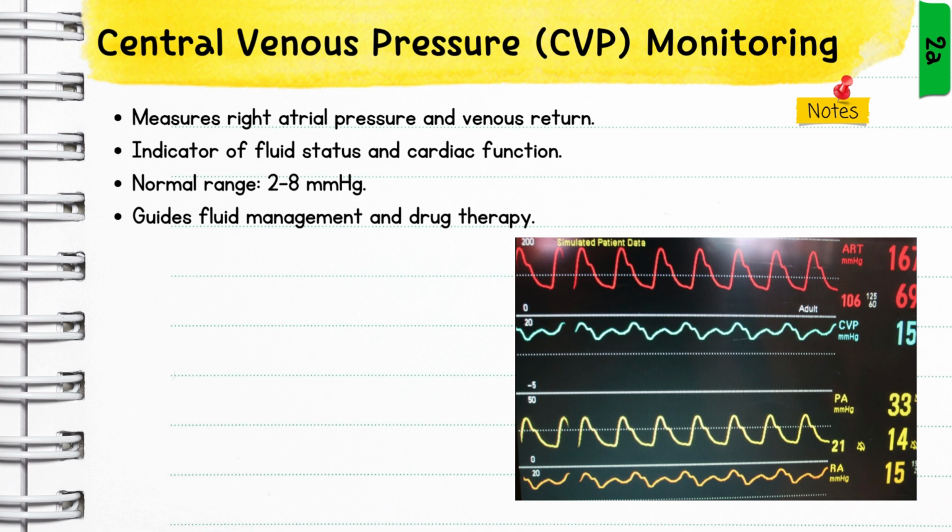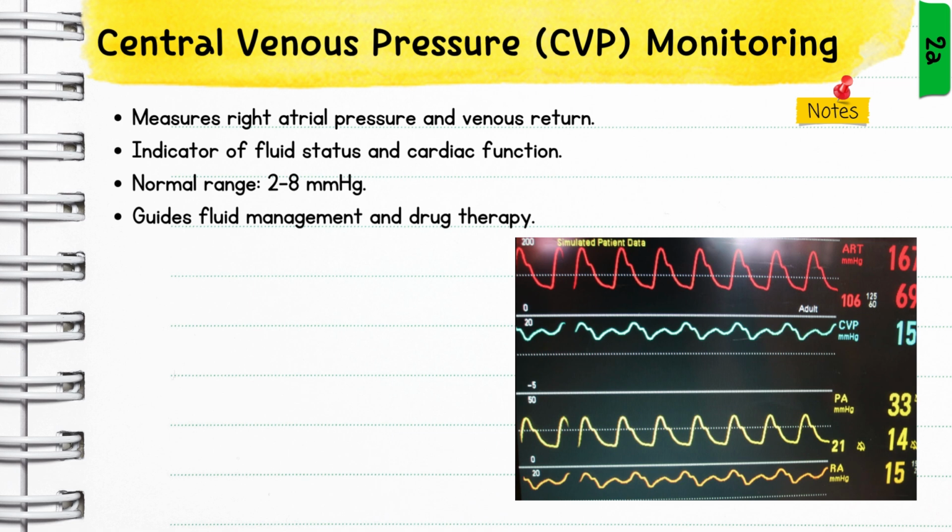What CVP is, is an essential tool for assessing the right atrial pressure and the venous return. And what did I say? Fluid status, right? So the normal range for CVP is between 2 and 8 millimeters of mercury. So 2 to 8. That means if the monitor is showing between 2 and 8, they have decent cardiac function, and the amount of fluid in the tubes in the system is normal, whatever normal means, but it's normal.